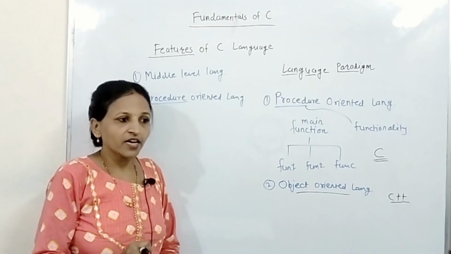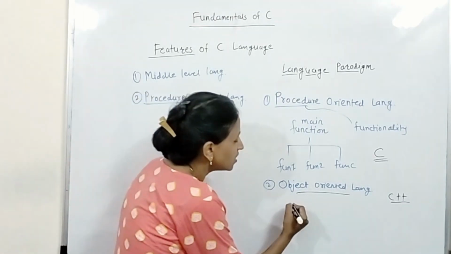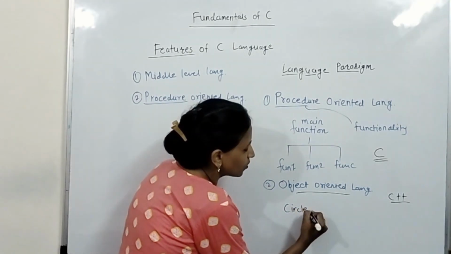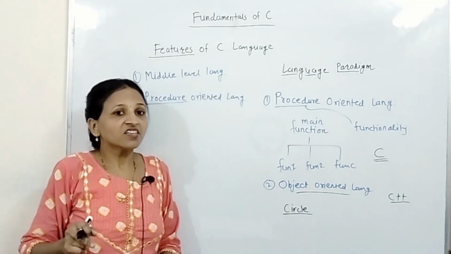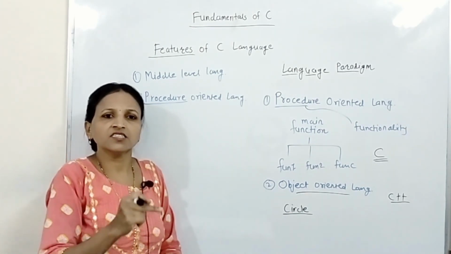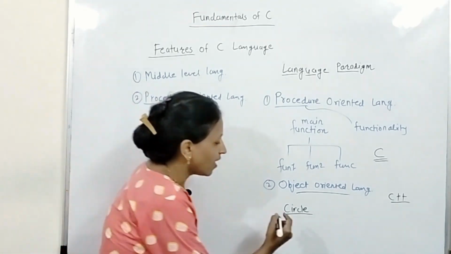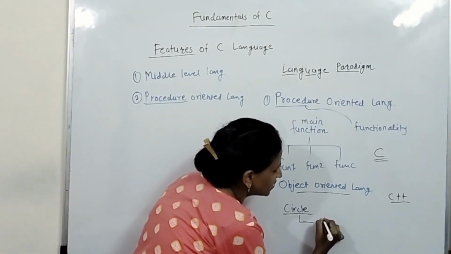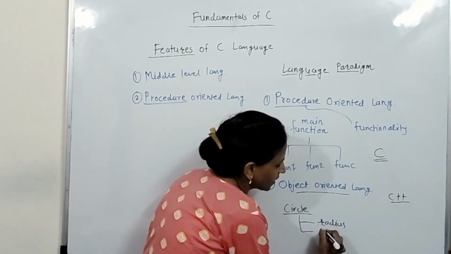For calculation of the area of a circle, the main object is a circle object. Now what are the attributes or characteristics of this circle object? It has, first, radius, and next, area.